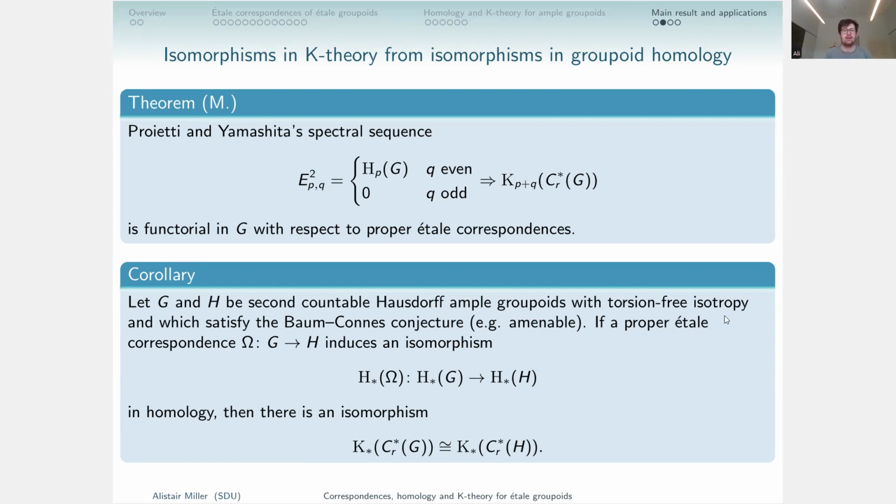But this is saying that even though we can't expect the HK property to hold for many groupoids, we can still make use of this link between homology and K-theory and deduce something about isomorphism of K-theory groups from isomorphism of homology groups. And indeed, sometimes it's easier to verify that you get an isomorphism in homology.